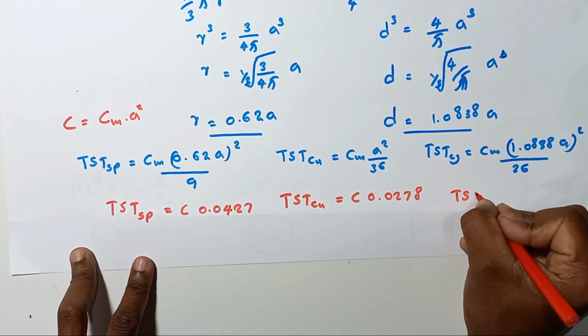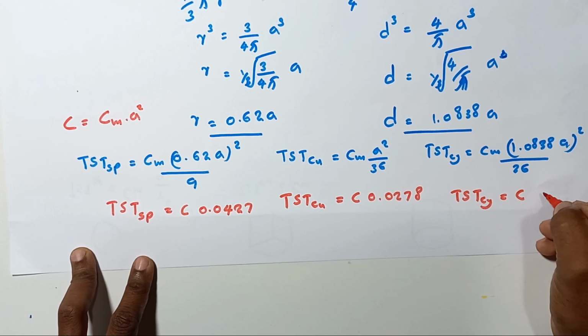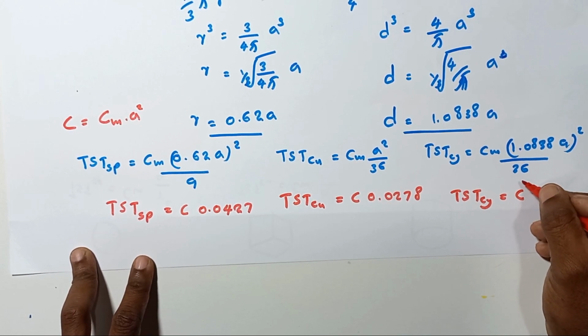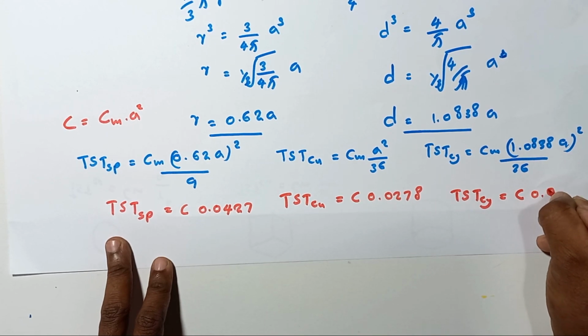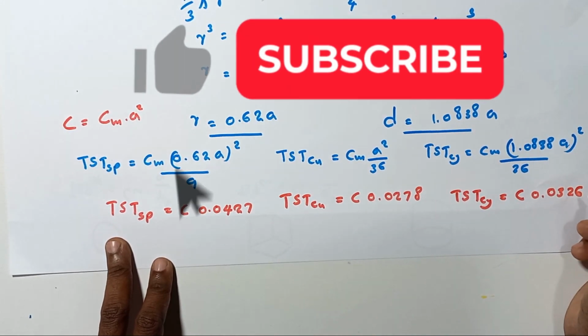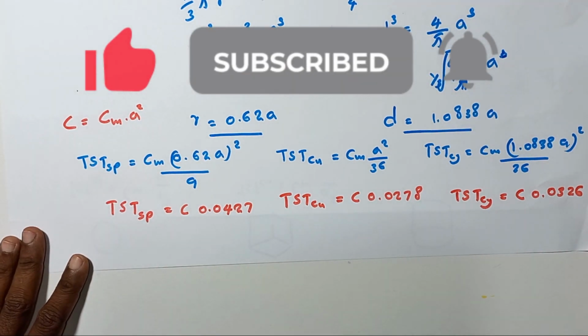Then for the cylinder, this division gives 0.0326. Okay, now we can easily compare these three solidification times.